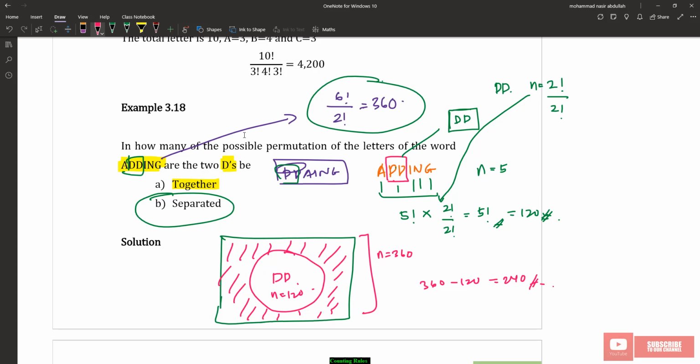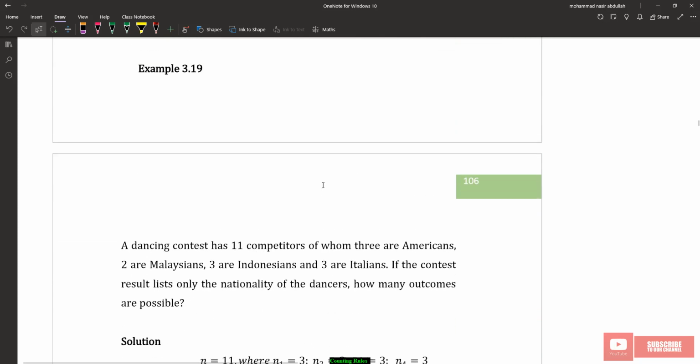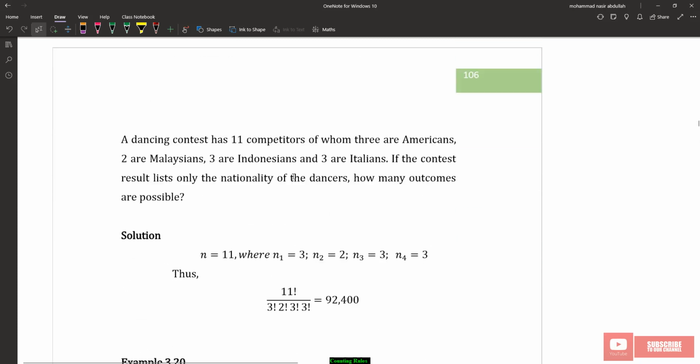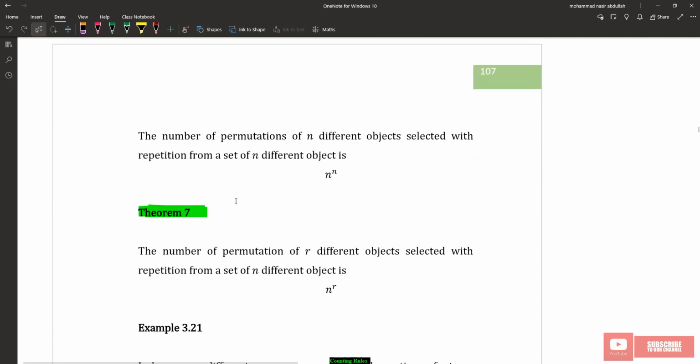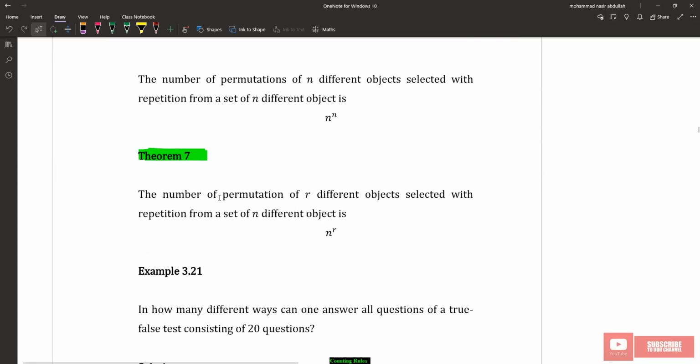Okay. Right. So let's move to the next theorem. This is also the same, example number 3.19. Assume you can do it by yourself. Let's look at theorem number 6 and 7. Theorems 6 and 7 concern the number of permutations of different objects selected with repetition from a set of n objects.